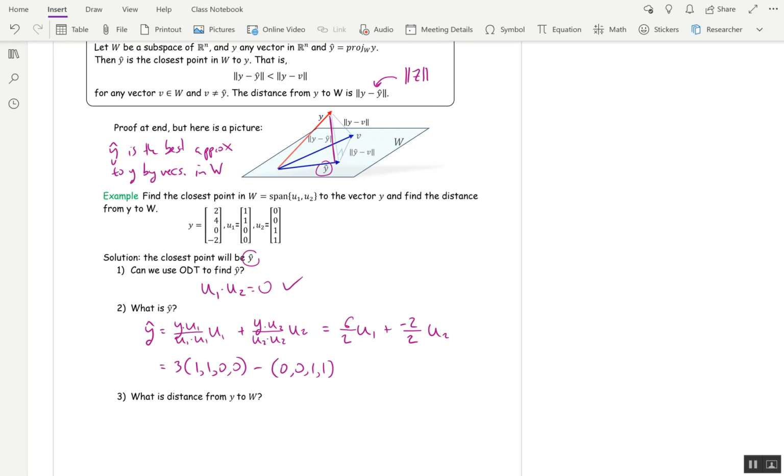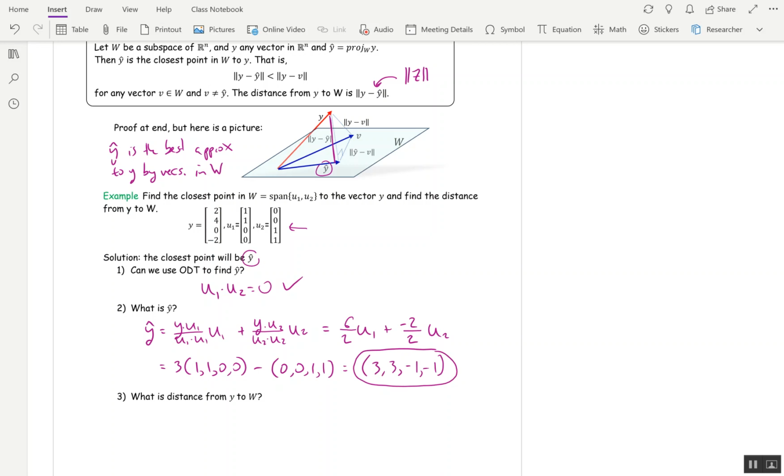It would take up a whole lot of real estate if I was writing all my vectors like that, unless I were actually typing my answers, which I'm not. So this is the vector 3, 3, negative 1, negative 1. That's the closest vector in W to y.